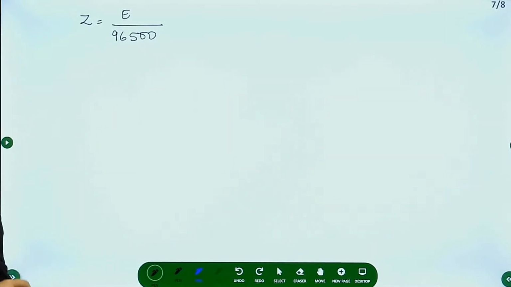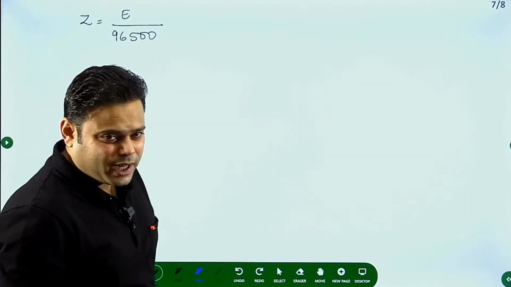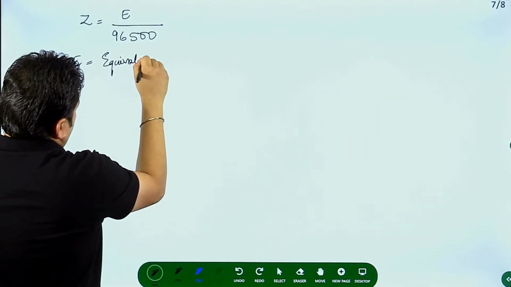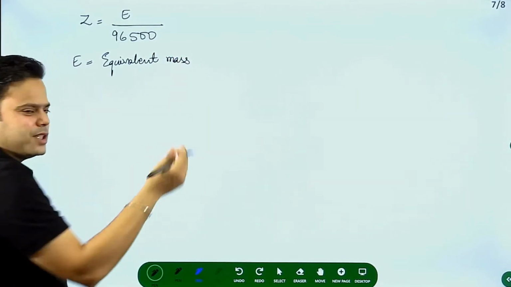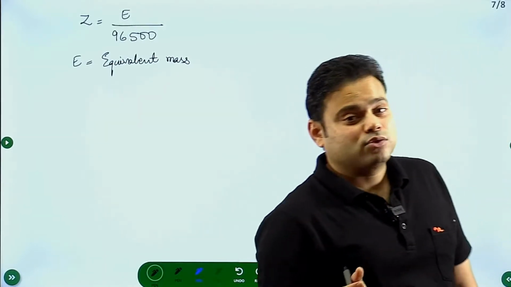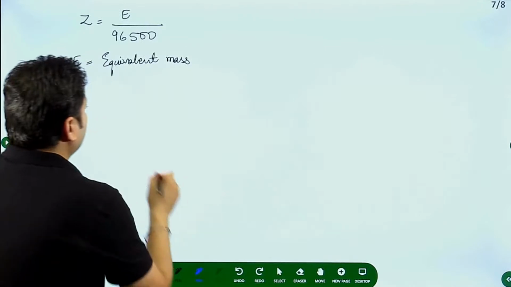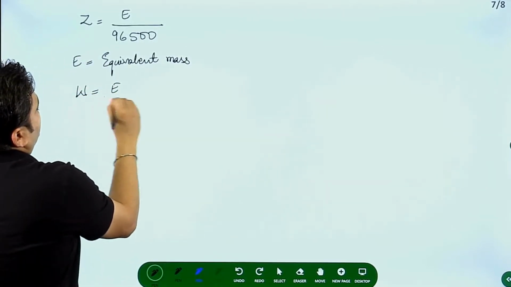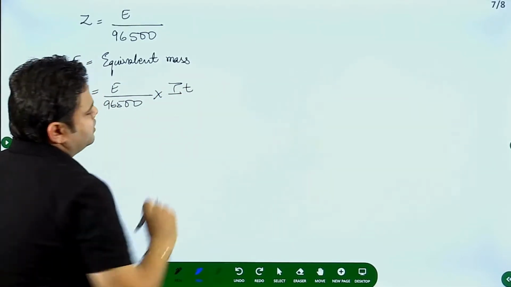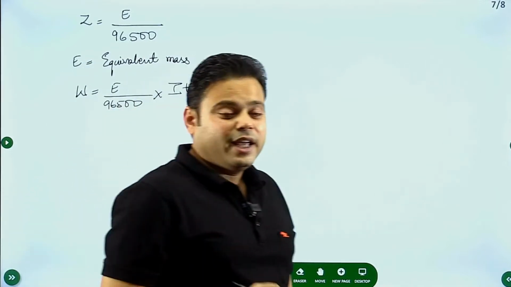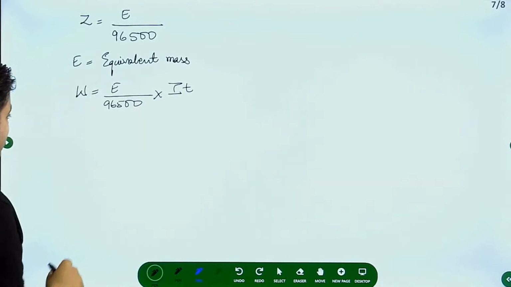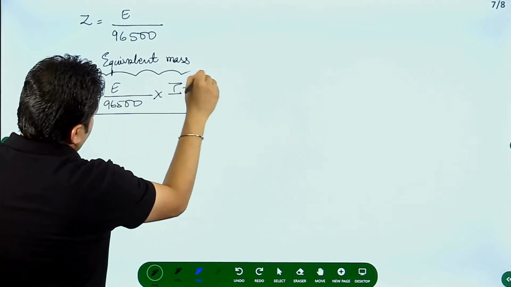E is the equivalent mass of the substance. वो सब्सटेंस जो रिड्यूस होने वाला है या ऑक्सीडाइज होने वाला है उसके इक्विवेलेंट मास को हम डिनोट करते हैं E से. तो अब अपना इक्वेशन हो जाएगा W is equal to E upon 96500 into IT. This will be the expression which we will be using in our numericals and the multiple choice questions.